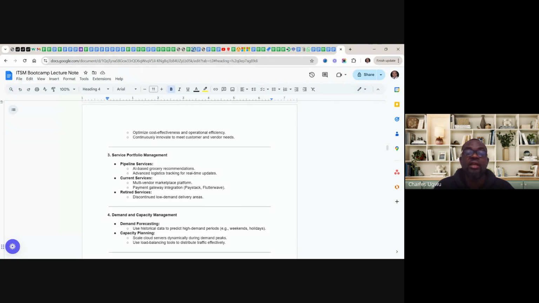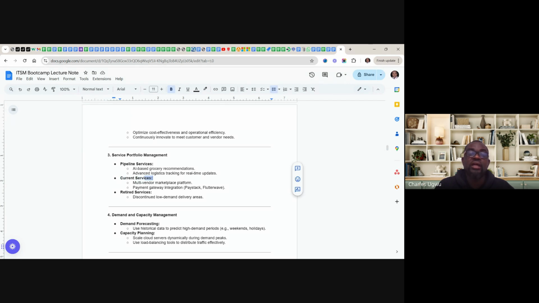Yes, we stated here, but it's beyond just a multi-vendor marketplace. It's beyond payment gateway integration. We need a comprehensive catalog where we identify all these services, item by item, and how to manage every one of them. All this is current service. That is where the design starts.